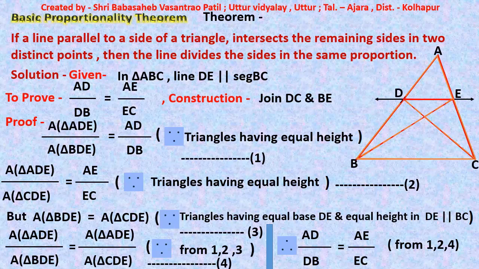That value from equation 2 is AE divided by EC. The reason is from equations 1, 2 and 4. Hence, proved. In this way, we can prove the basic proportionality theorem, which is an important theorem.